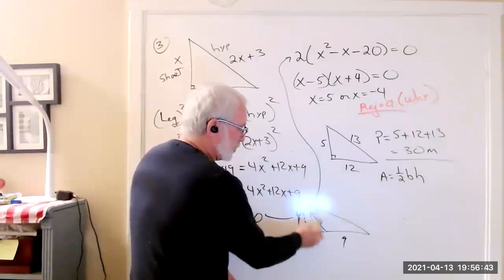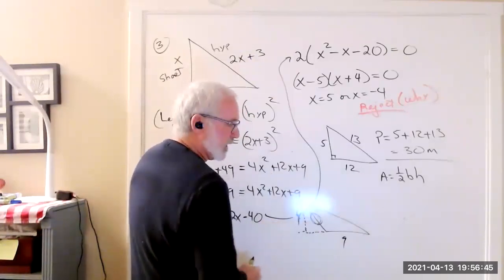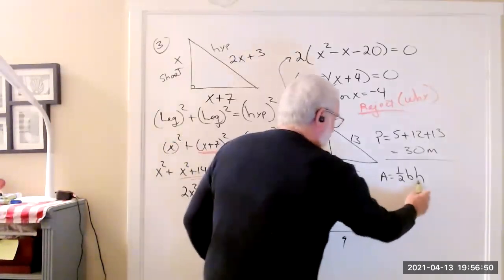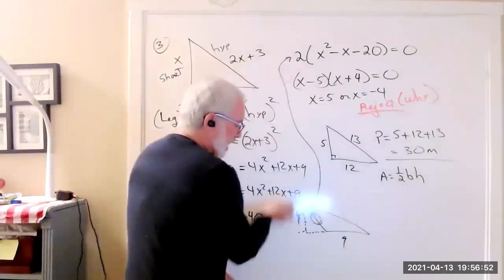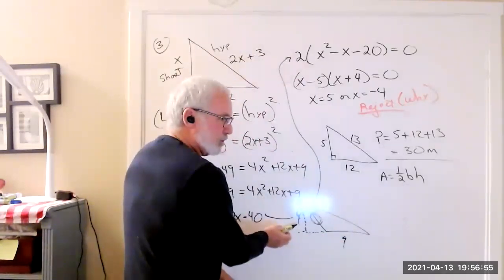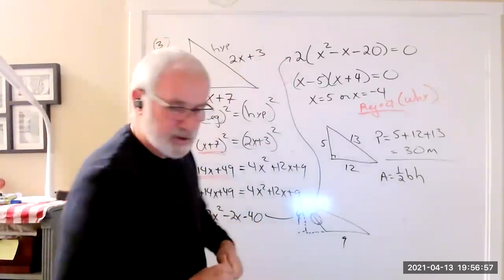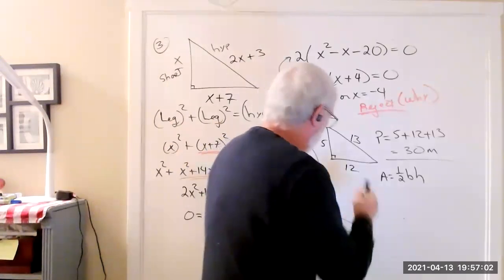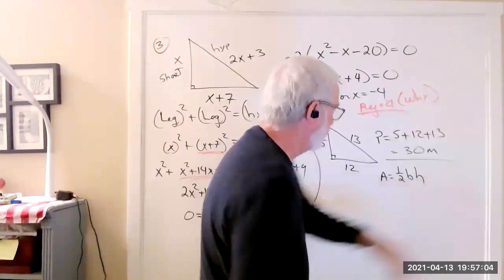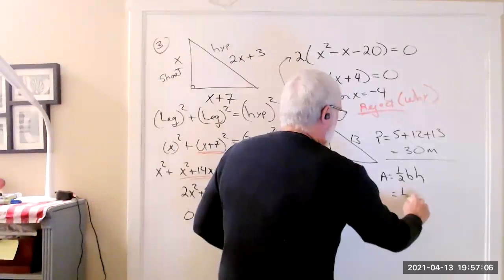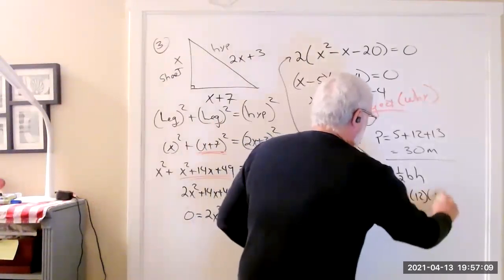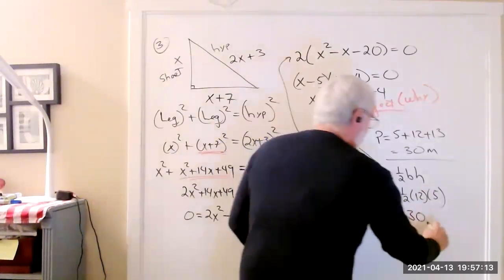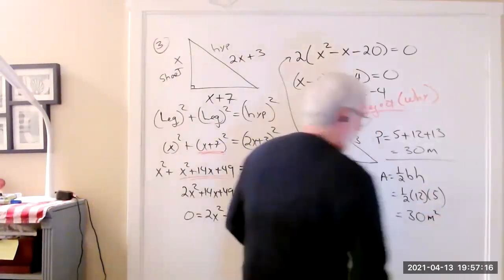You couldn't use this side because it's not at right angles. So if you're going to use this formula, the base and the height are assumed to be at right angles to each other. Otherwise, you have to come up with another formula, and they'll hit you with that in trigonometry. So we have 1/2 times 12 times 5. That's also 30, but because it's area, it's meters squared.